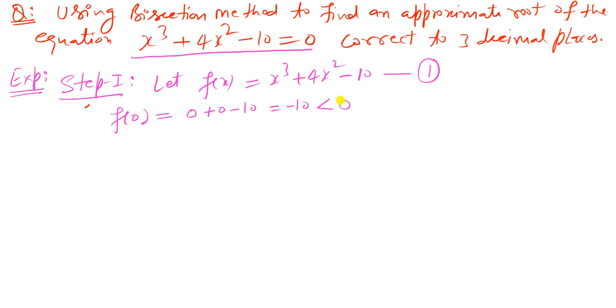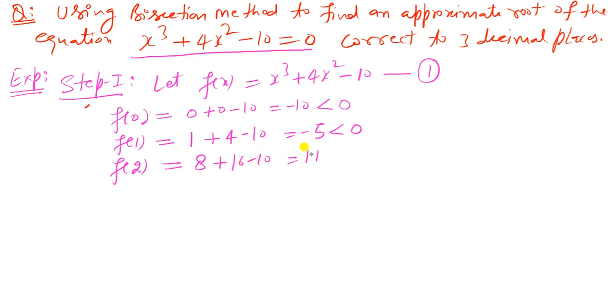This is negative. Now put x = 1. So f(1) = 1^3 + 4 times 1^2 - 10 = 1 + 4 - 10 = -5. This is negative. Now put x = 2 in equation 1: 2^3 is 8, plus 4 times 2^2 is 16, minus 10, equals 24 - 10 = 14.